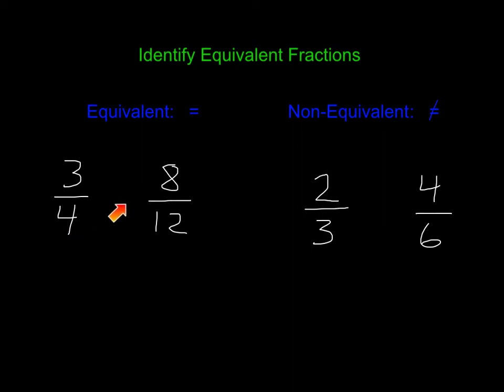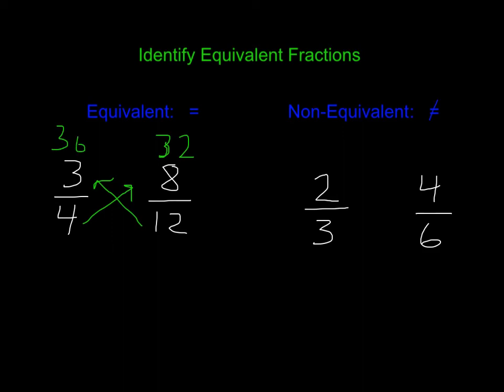So, I am going to multiply my 4 times my 8. 4 times 8 is 32. And then I'm going to multiply my 12 times 3. 12 times 3 is 36.